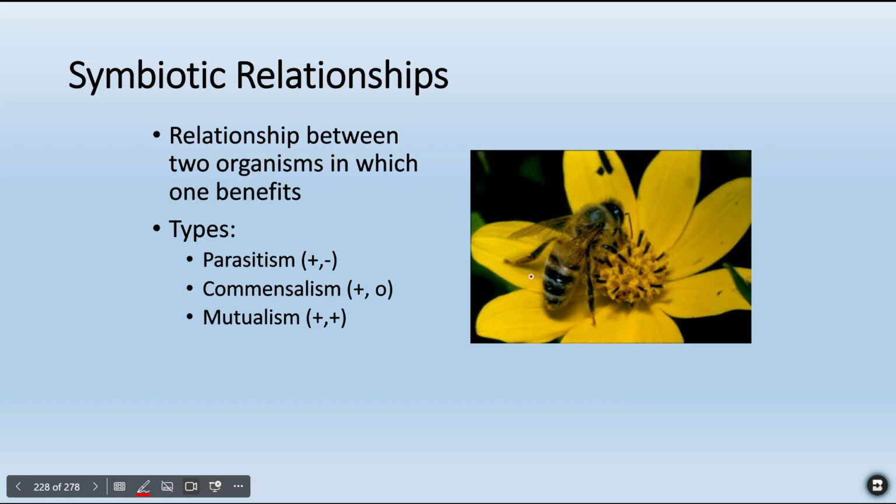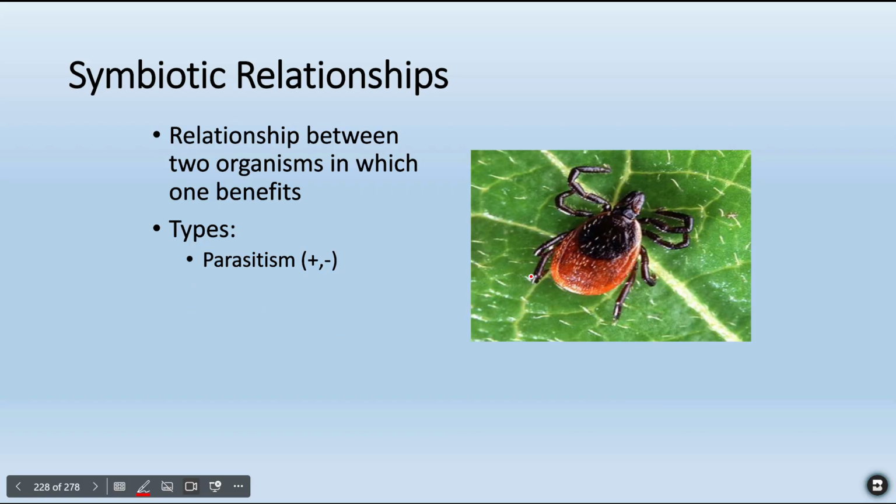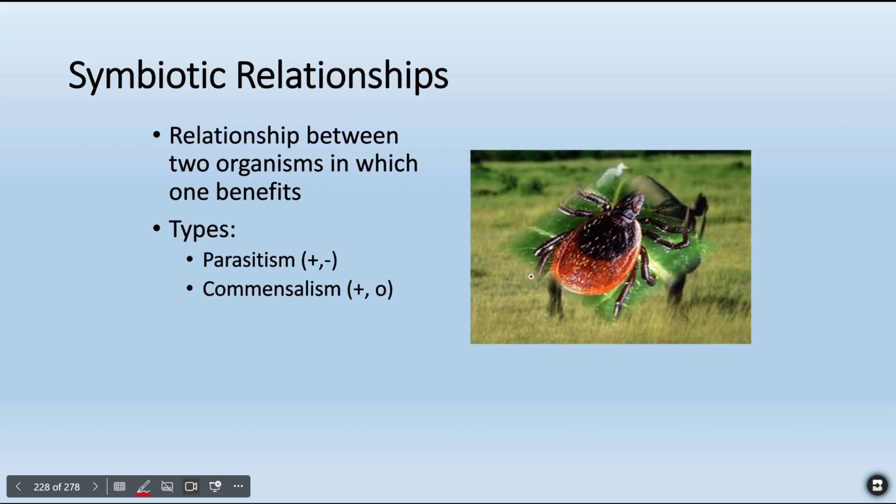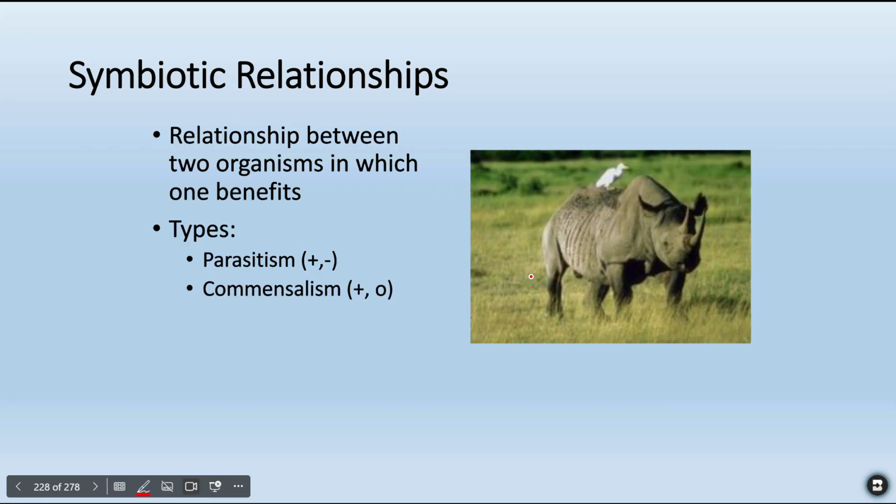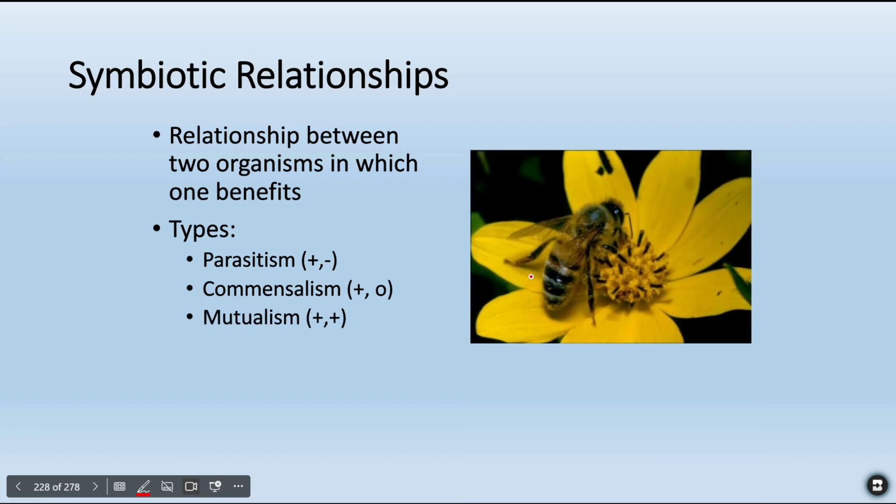In parasitism, this is where we have a parasite that takes advantage of a host. Parasite benefits while a host is harmed. Commensalism: one organism benefits, the other organism is unaffected. And mutualism: two organisms benefit from each other. It's a good, healthy relationship.